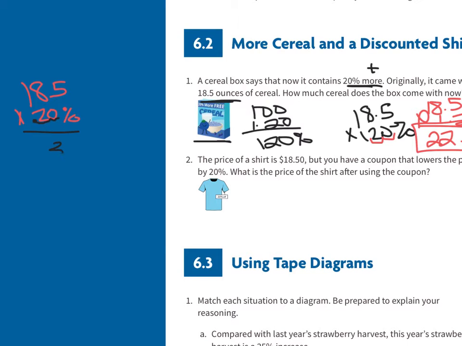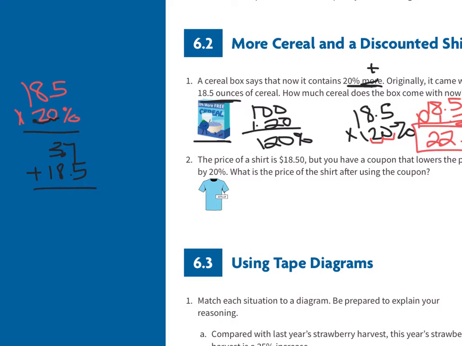Then I go 18.5 plus 3.7, because it's more, right? So we found 20%, it's 3.7, and we add that to 18.5. So 18.5 plus 3.7 will give me 22.2. So 2 different ways to do the problem. I don't care which way you do it. Just do the way that makes more sense to you.